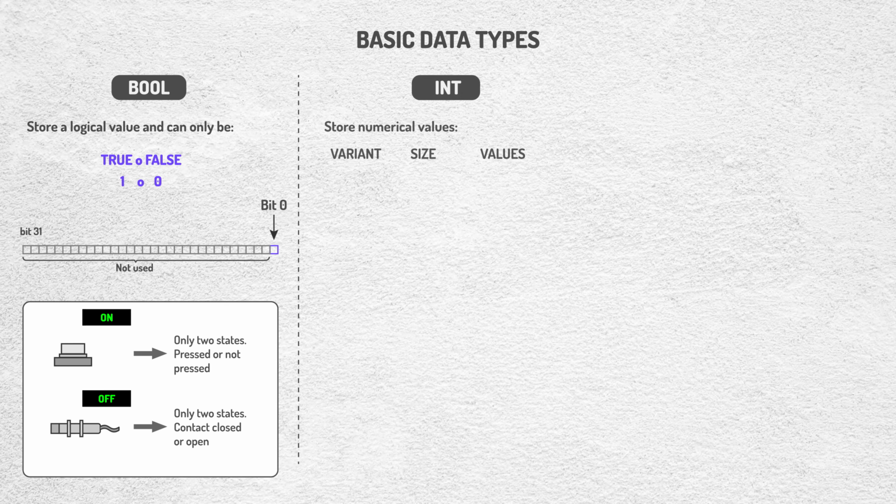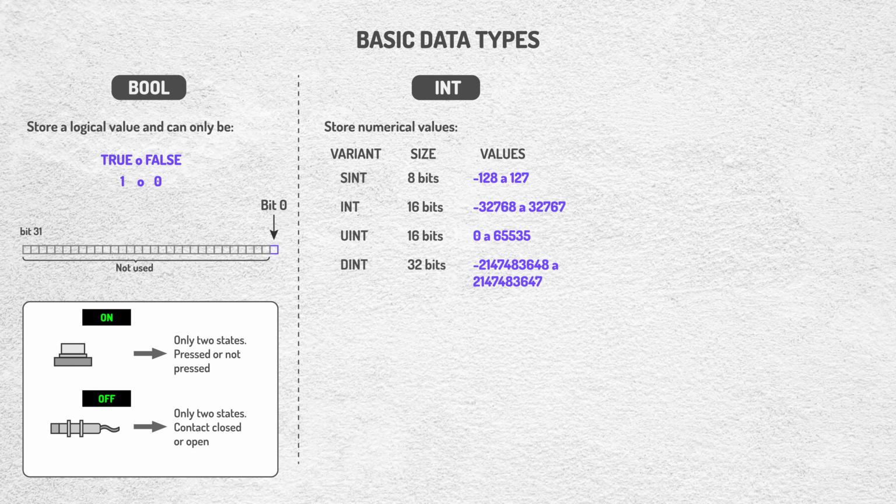For integers, there are several variants. The SINT type is a small signed integer of 8 bits, which can represent values from -128 to 127. The INT type is a standard signed integer of 16 bits, with a range from -32768 to 32767.